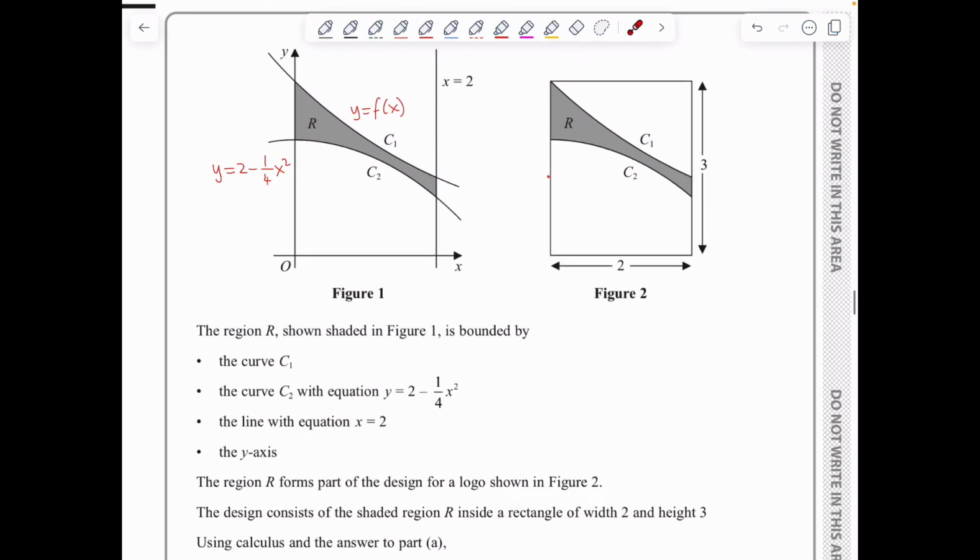So essentially we need to find the shaded region here and express this area as a percentage of the total area, which is obviously a rectangle measuring 2 by 3, so the total area is 6.